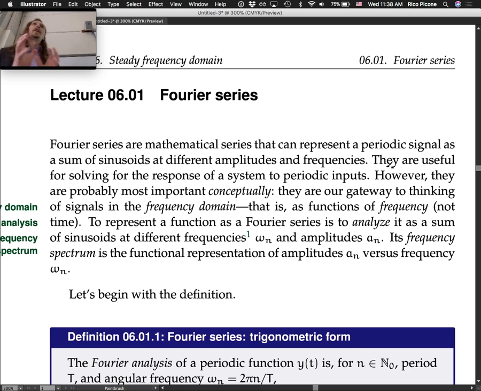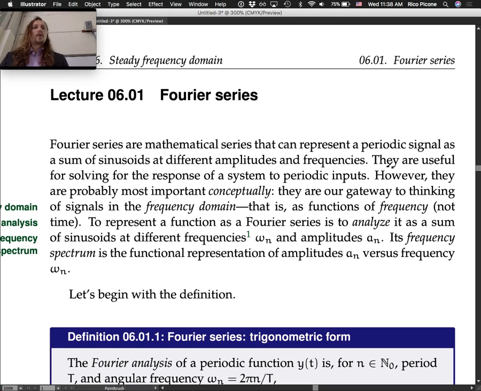Okay, and how to think about that, how to break it down into the sinusoids, how to build it up into the function from the sinusoids. So that's how we start. So we're starting by thinking about a function in terms of its frequency components. So let's do that. And the mathematical apparatus that gives us that capacity is called the Fourier series.